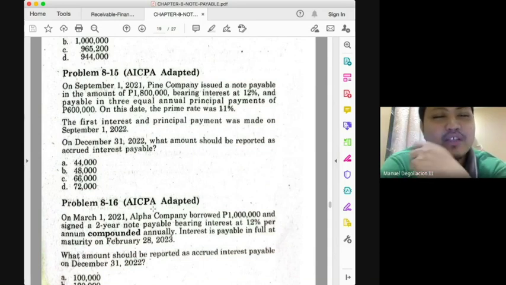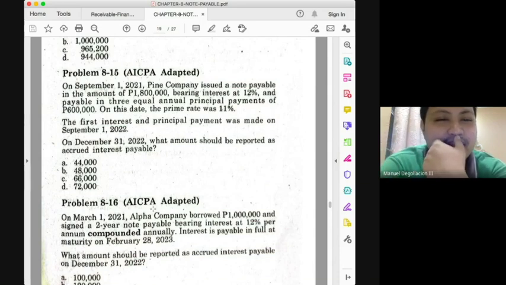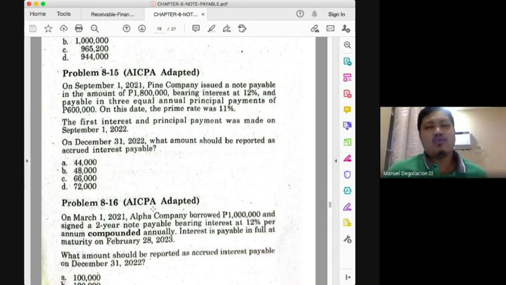If the question, class, was on December 31, 2021, different from what is being asked here, what would have been our answer? Our answer will be based on the 1,800,000 because from September 1, 2021 to December 31, 2021, the outstanding principal is still 1,800,000. In that case, it is the entire 1,800,000 that can still earn interest at this point.